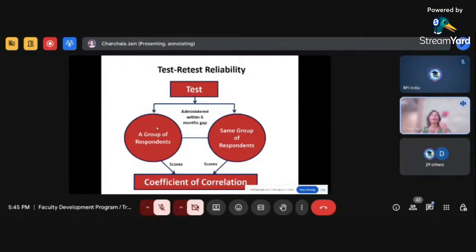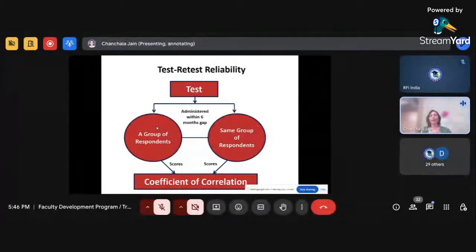Now, after a period of time gap, approximately 3 to 6 months, you can again circulate the same scale to the same people and request them to provide their responses, right? So we will have the scores or responses of the same group of people two times, with a time gap of approximately 3 to 6 months.